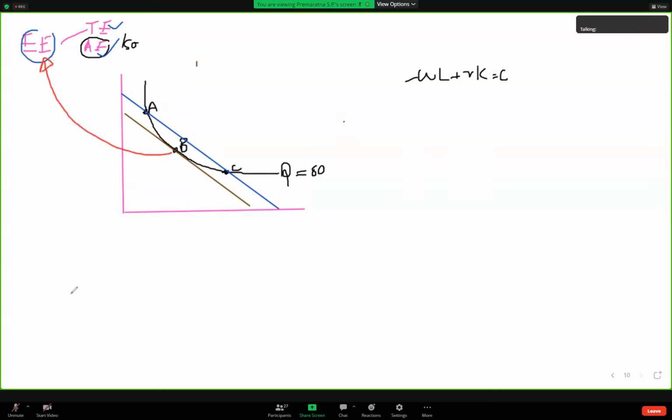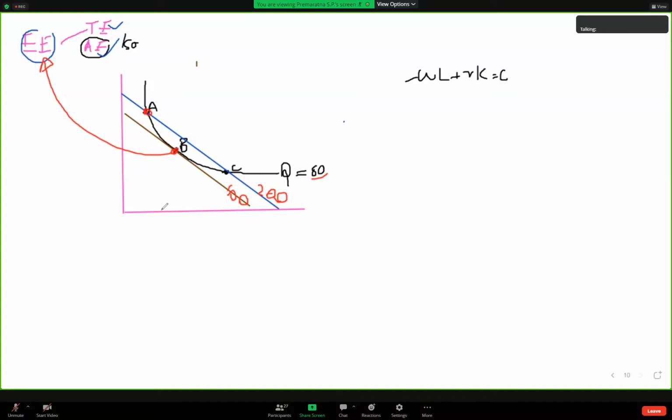For example, let's say at point A, though producers are technically efficient to produce 80, with a $200 budget, if they allocate resources efficiently, the producer can produce 100. So the economic efficiency point here is B.